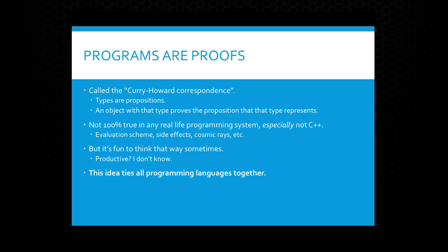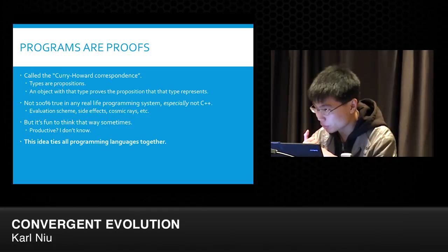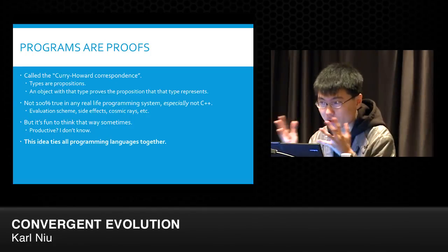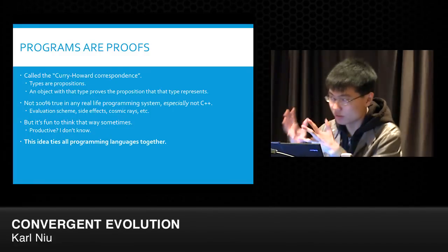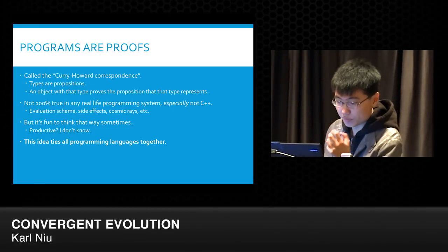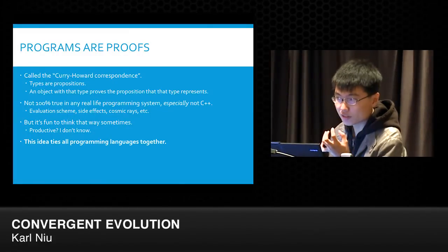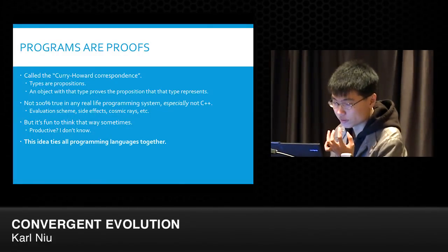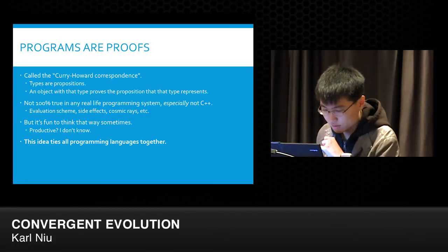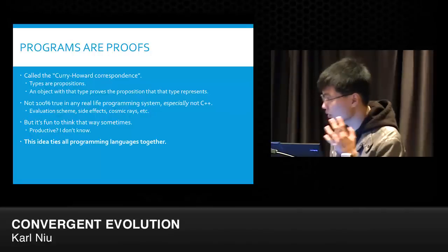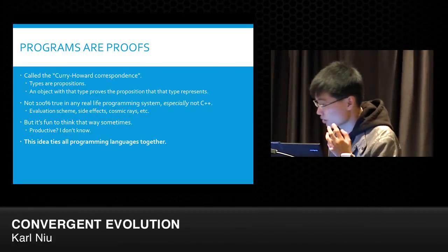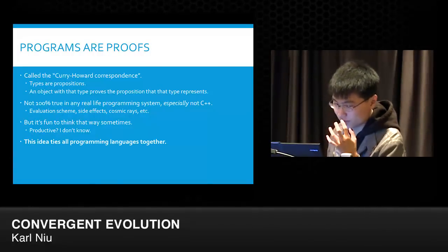So start out with the well-known fact that programs are proofs. They call this the Curry-Howard correspondence. Basically what it means is types are propositions, or statements of whether it's true or false. And an object with that type is a proof of the proposition that that type represents. Now, of course, this is not true in any real-life programming system, especially not C++, because C++ is messy.